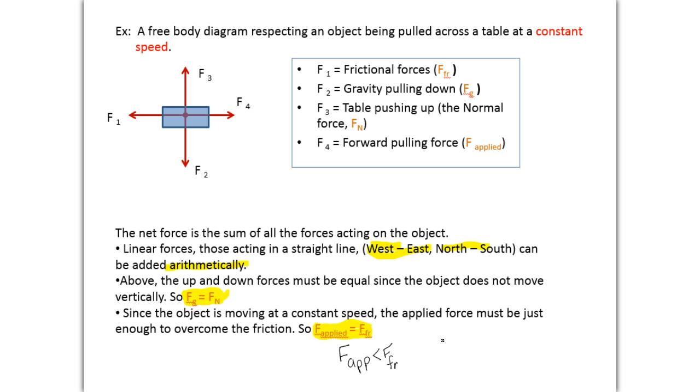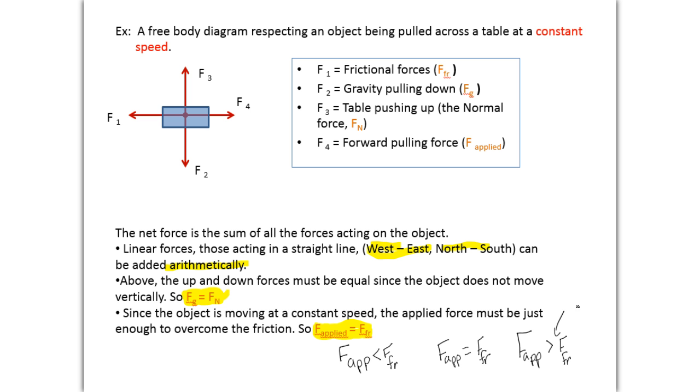But if you get the car to move at a constant speed, then the force applied would have to be equal to the force of friction. You're applying just enough force to get the car to move at a constant speed. Now if you're getting the car to speed up, well, you're applying more force than is needed, so your force applied is greater than the force of friction.